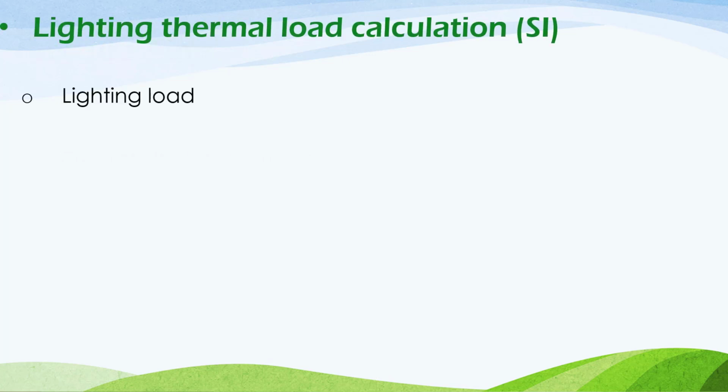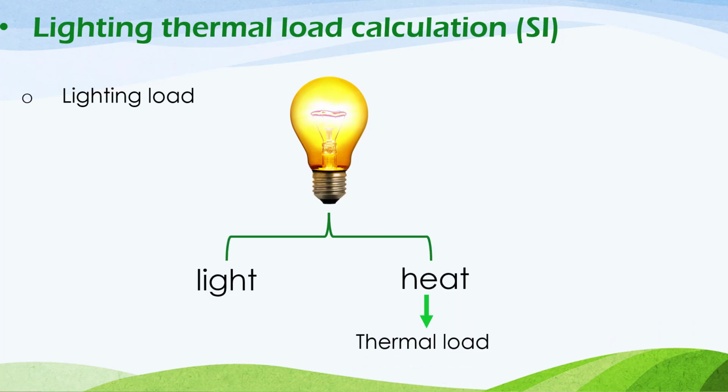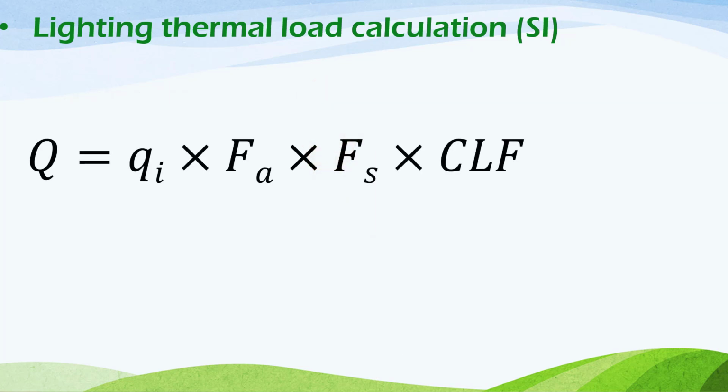So let's go ahead. First of all, we know that the lighting loads are considered to be thermal loads. This is because the lamps and the luminaires produce light in addition to heat. So the heat that is produced from the luminaires is considered to be a thermal load that we need to calculate. And we can find that the thermal load of the lamps is calculated according to this equation.